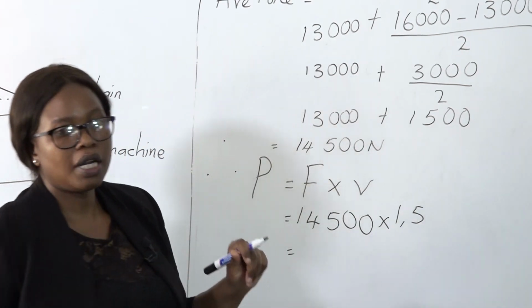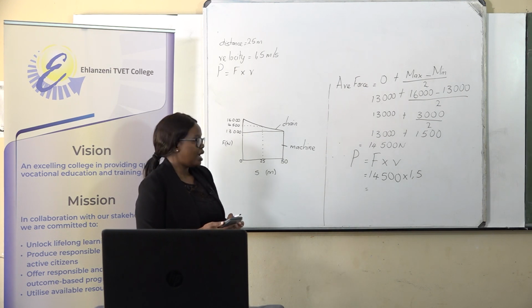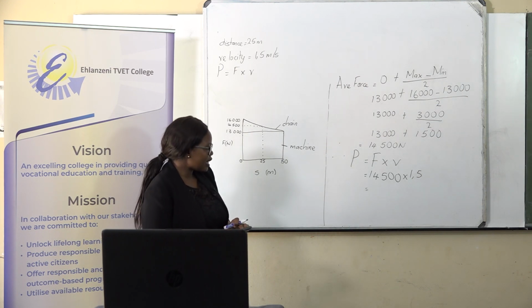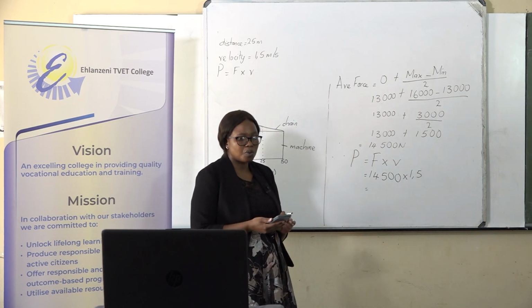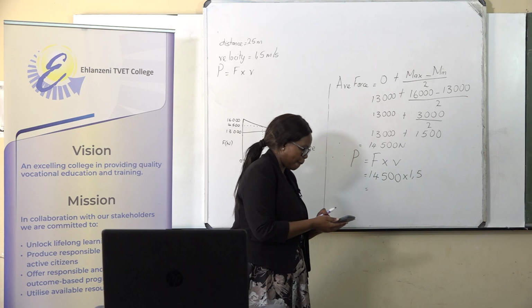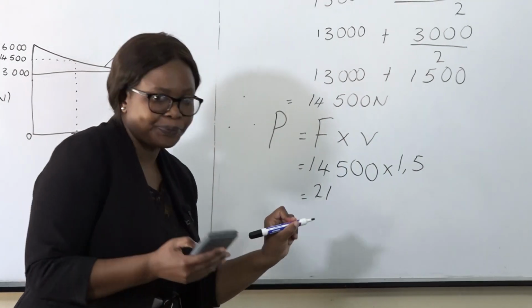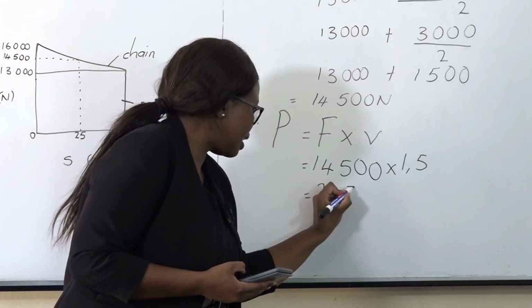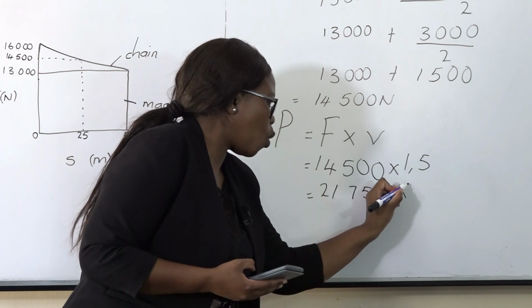Let's put it on our calculator and see how far we can get. All right, 14,500 multiplied by 1,5. What do we get? We get 21,750. And power is measured in watts.